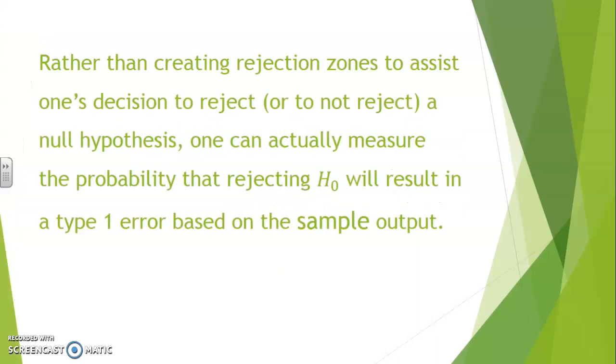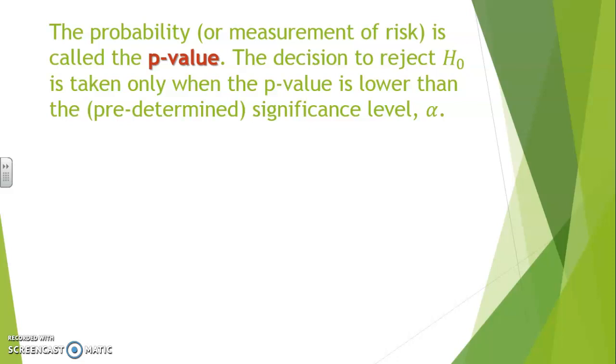Rather than creating rejection zones to assist one's decision to reject or not H0, one can actually measure the probability that rejecting H0 will result in a type 1 error based on the sample output. I remind you that a type 1 error is the error we wish to prevent. The probability or measurement of risk is called the p-value.